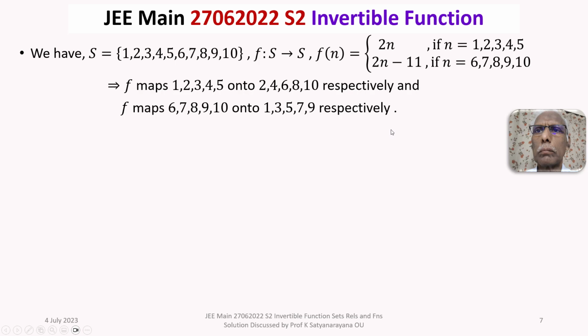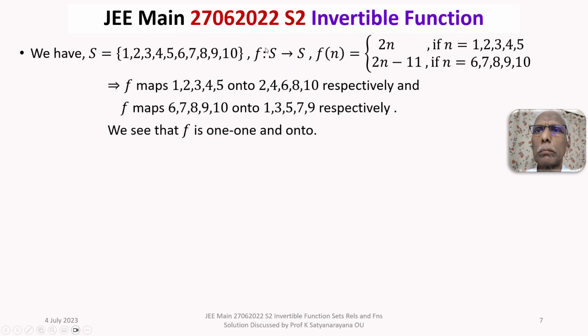So we see that f is one to one and onto. How? f is mapping distinct elements of the domain onto distinct elements of the range. The range is also S. Therefore, f is one to one. f is a mapping from S to S, and both are finite sets. If f is one to one, then it will automatically be onto.